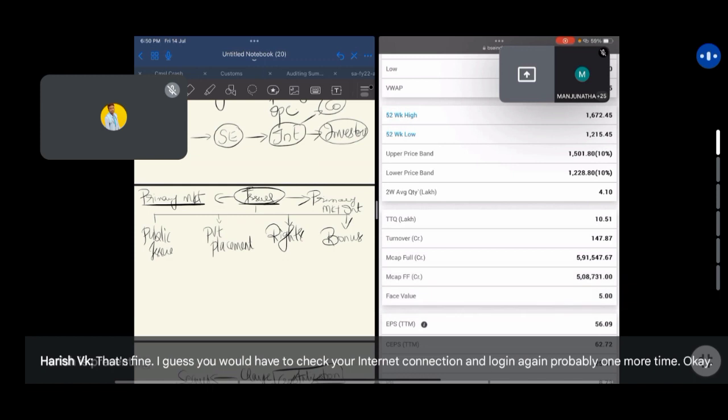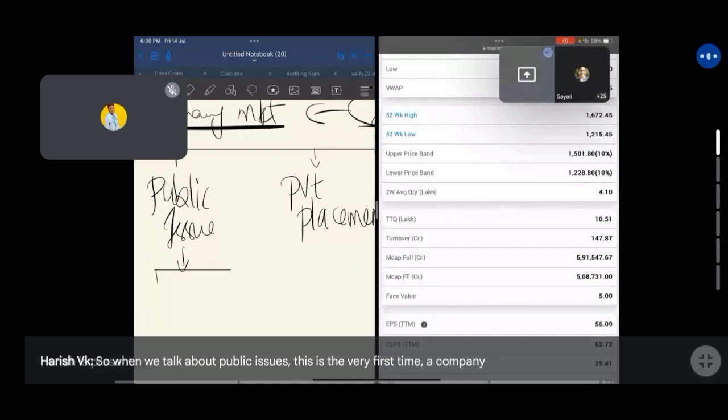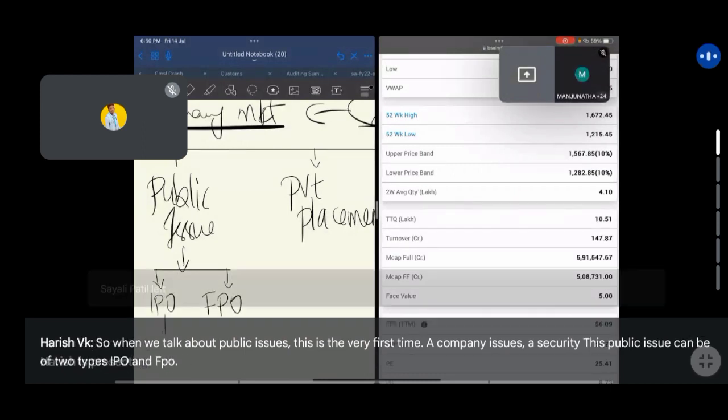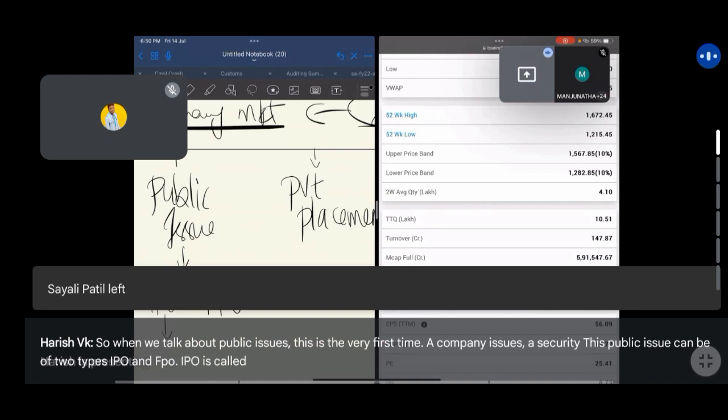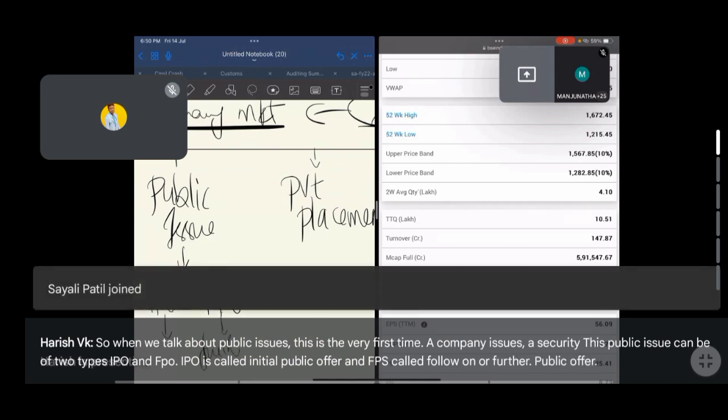Okay. So when we talk about public issues, this is the very first time a company issues a security. This public issue can be of two types, IPO and FPO. IPO is called initial public offer and FPO is called follow-on or further public offer.